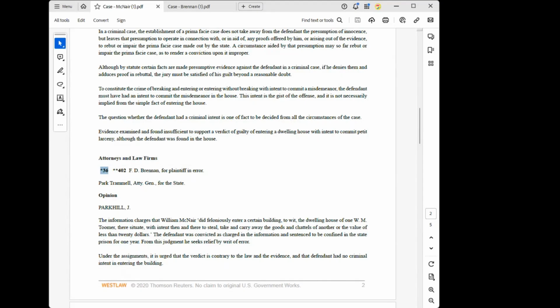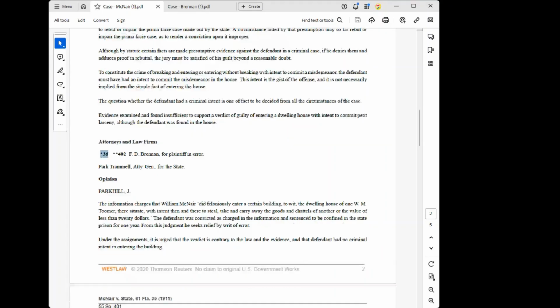That means something else. The single star tells me where the next page starts. So everything before this is page 35. Everything after that is page 36.